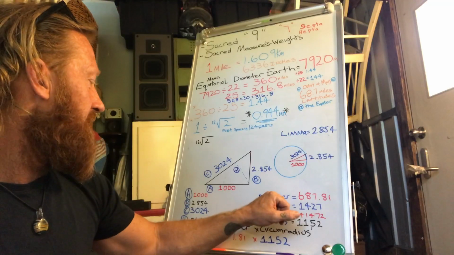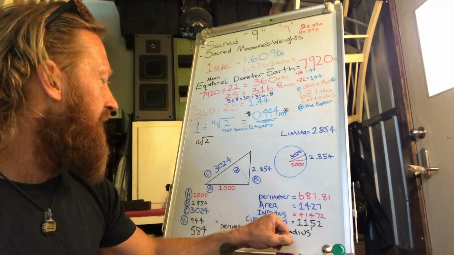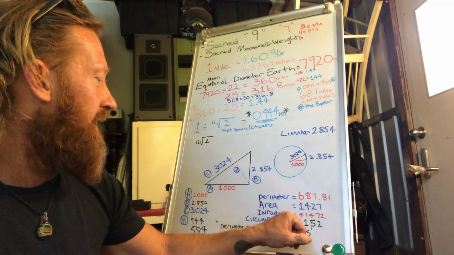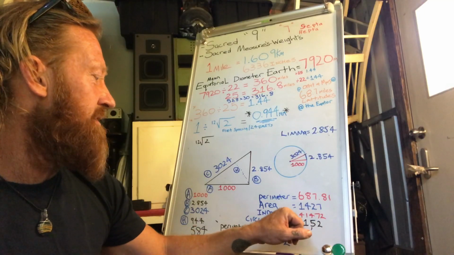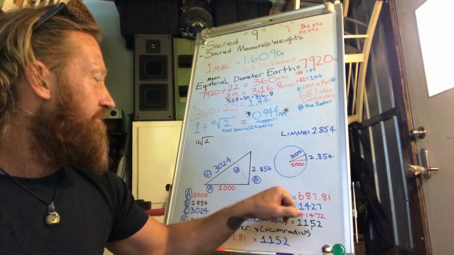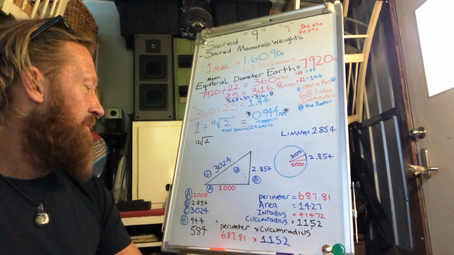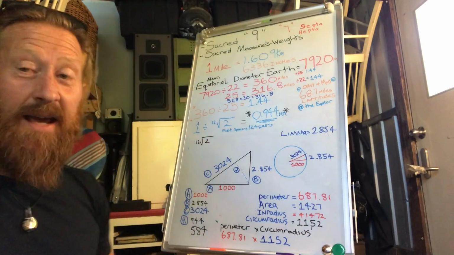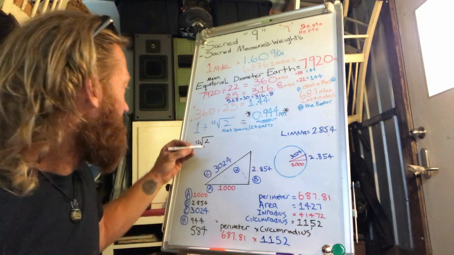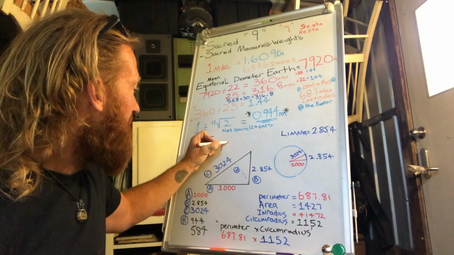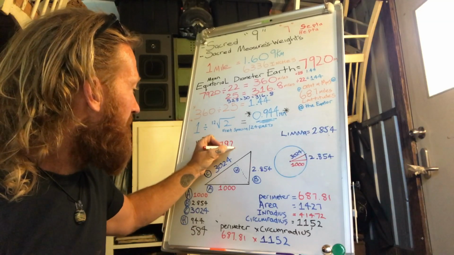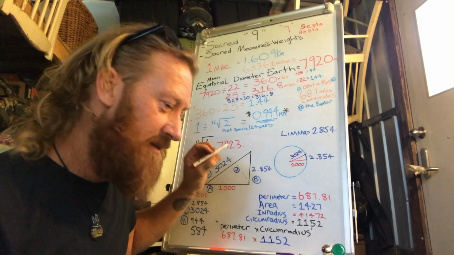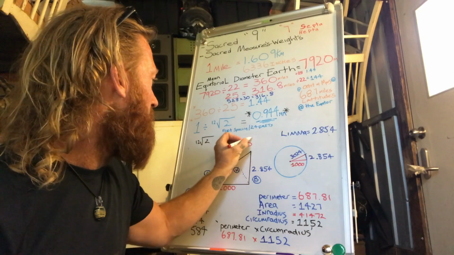We take the perimeter and we times it by the circumradius, 1,152. Let's do this together, people. We get 7,923.594 something.